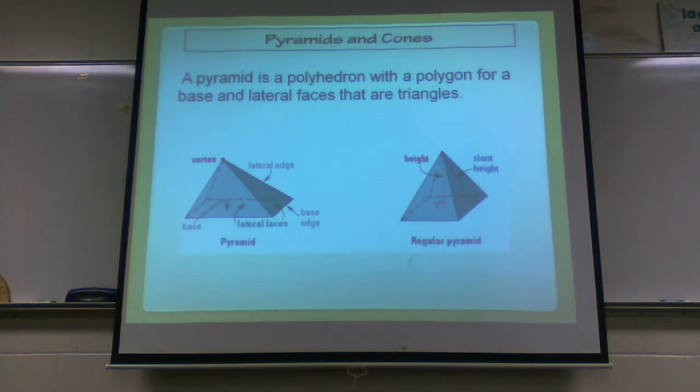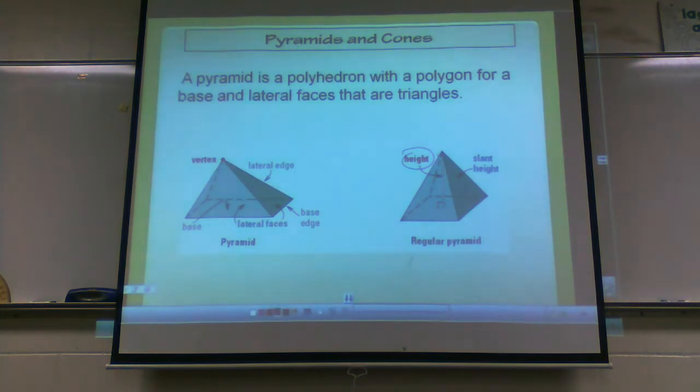Again, for the ones we're dealing with today, guys, we're dealing strictly formula-wise with the right pyramid, okay? And right means that the height of a pyramid goes from the top of it straight down to the base. If it's directly above it, making a right angle that way, then it's a right pyramid.